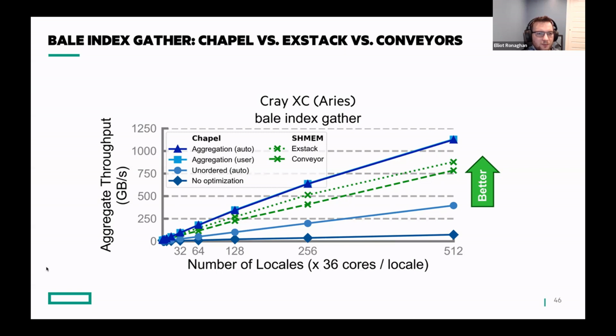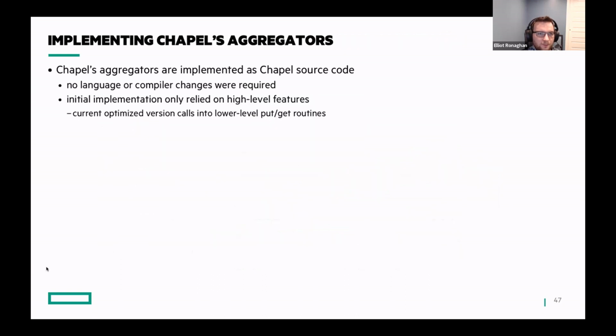But we can see here that the Chapel version is able to outperform them. At the high end at 512 nodes, we see Exstack at around, I think, 800 or 900 gigabytes a second, and Chapel at around 1100. And I think this raises natural questions as to, okay, how are we getting this type of performance? And that's what I want to delve into next.